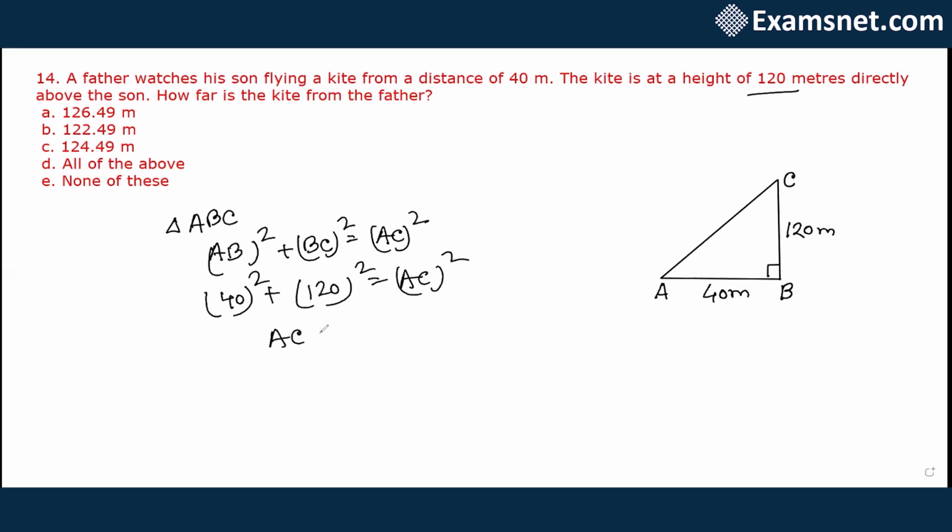So the value of AC will be 1600 plus 14400, so it becomes 16000.